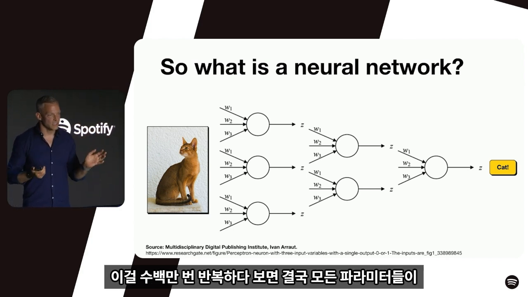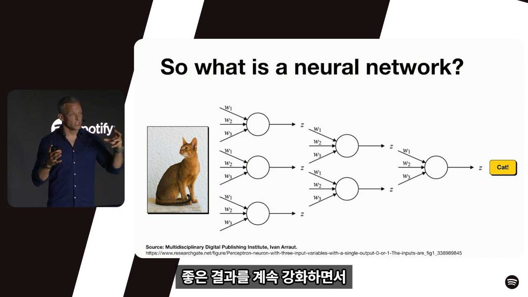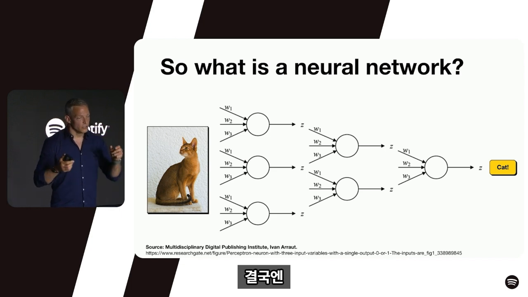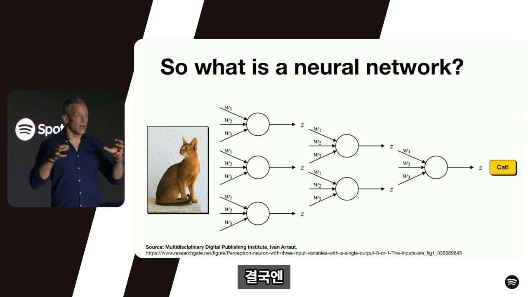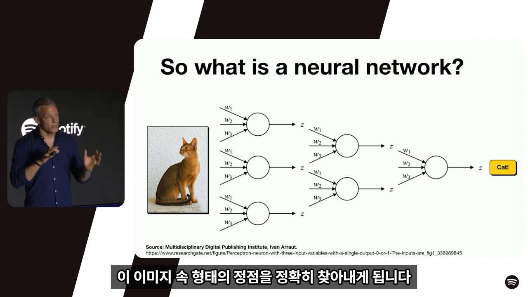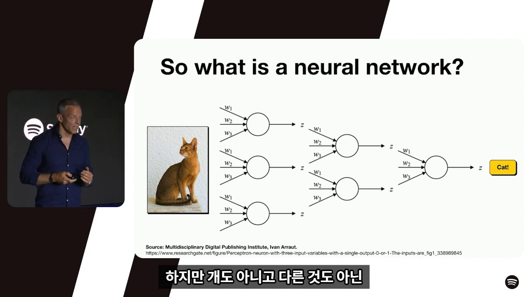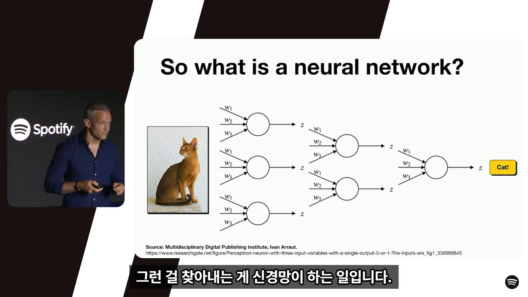And if you do this millions of times, eventually all of these parameters, because you reinforce the good behavior, are going to end up on finding exactly the combination of shapes in this image through multiple layers that represents a cat, but not a dog and not anything else. So this is what a neural network does.